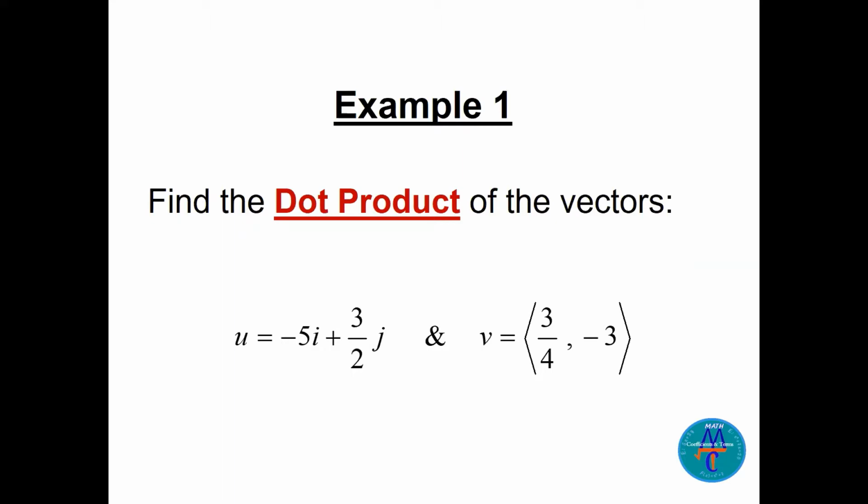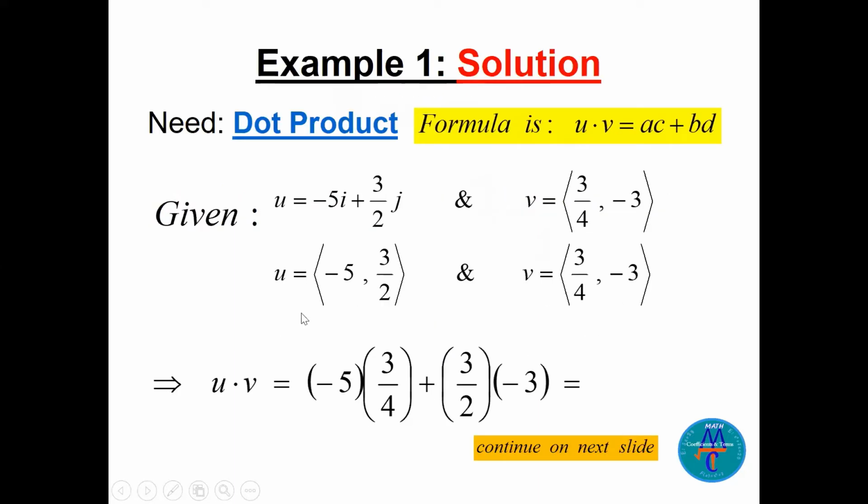Example number 1, find the dot product of the vectors u and v. The first one is written in terms of i and j, so we have to rewrite it. So the vector u is ⟨-5, 3/2⟩, and vector v is already given, ⟨3/4, -3⟩. We need the dot product. u dot v will be ac plus bd, as we have seen.